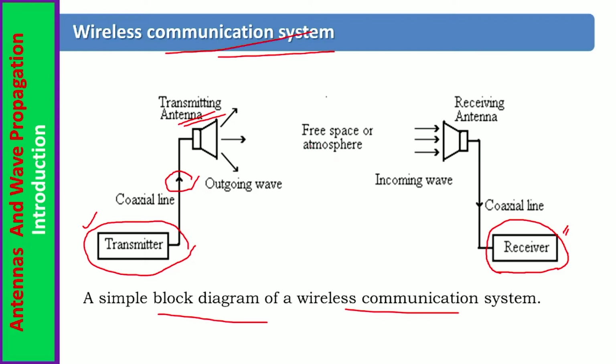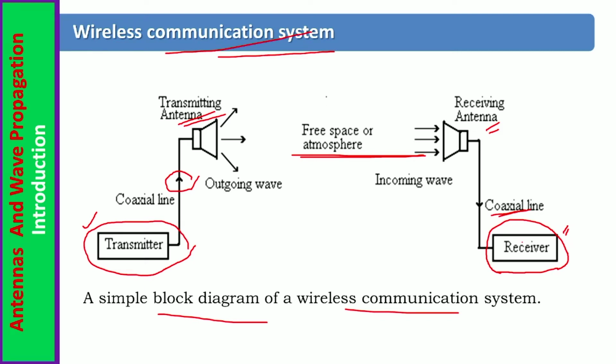This journey is through free space or atmosphere. The distance between transmitting and receiving antennas may be tens of kilometers, even hundreds of kilometers. The receiving antenna, which is connected to the receiver circuit, collects a part of the signal emitted by the transmitting antenna, and then hands it over to the receiver through a coaxial line.